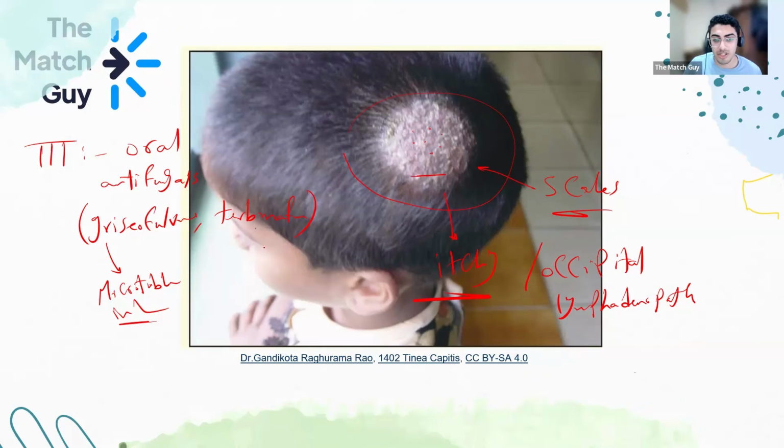So what is the mechanism of action of terbinafine? Very fast. Amazing. So inhibition of an enzyme called squalene epoxidase. Okay. So this is an enzyme that is important for the cell membrane synthesis.